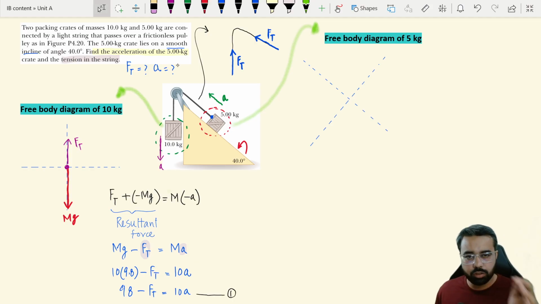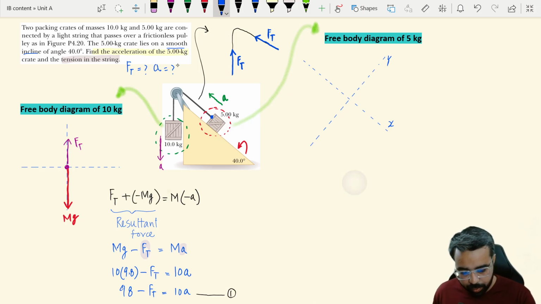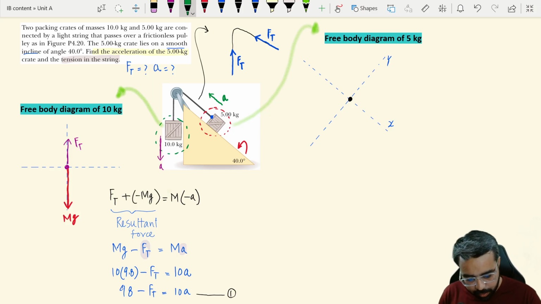So for this package that is placed on the inclined plane, our rectangular coordinate system is also inclined, tilted at an angle of 40 degrees. So we will consider this is the 5 kg. Now, how many forces are exerted on it? Dear students, there is obviously the weight, so I'm writing small mg.